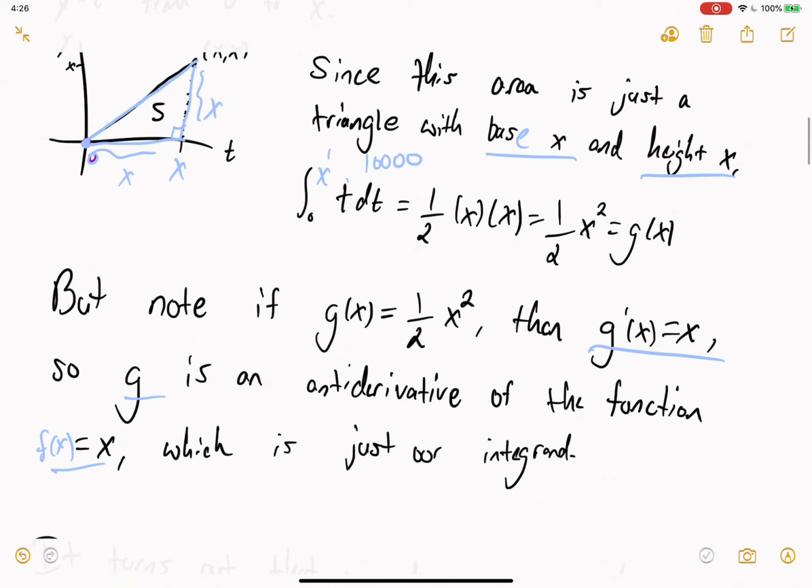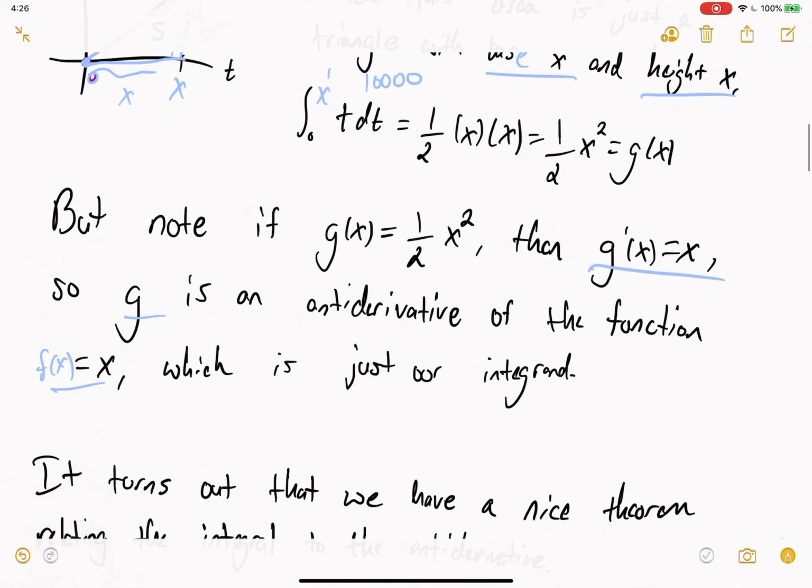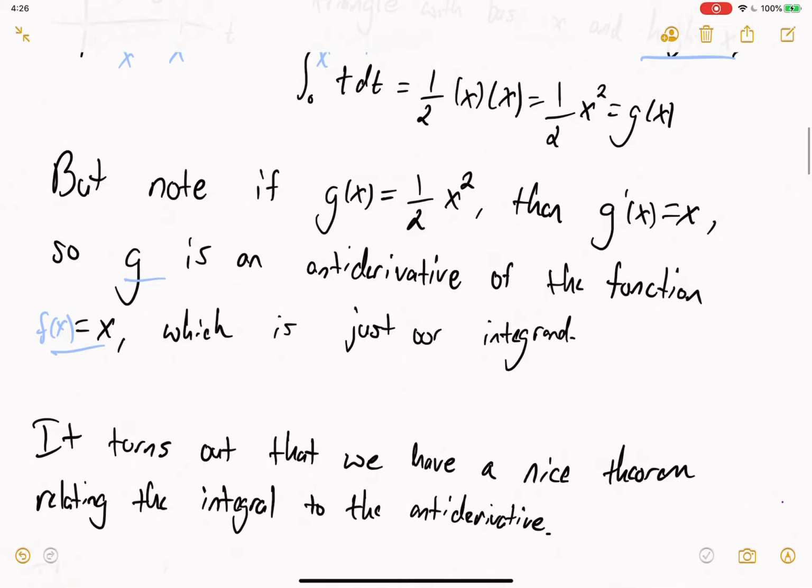Originally we had f of t is equal to t, but really that could be x, it doesn't matter. The point is that the integrand matches up with the derivative of that function. We had a function that gave us the area, we took its derivative, and we got back our integrand.